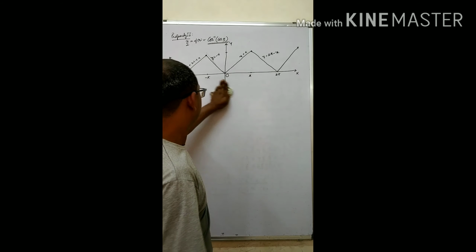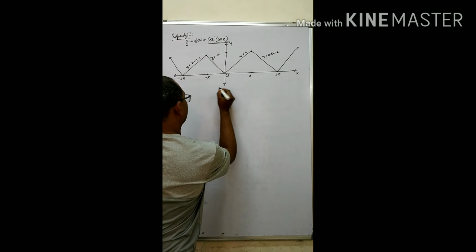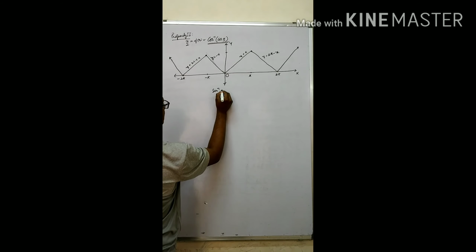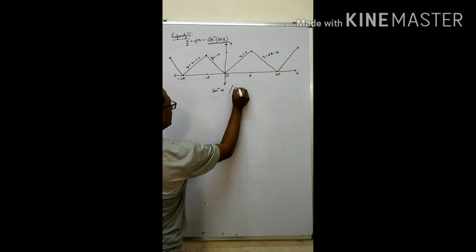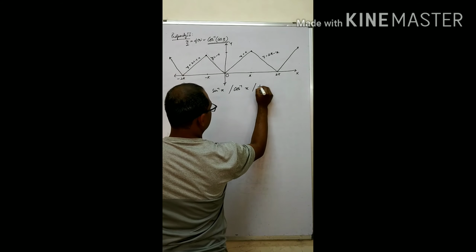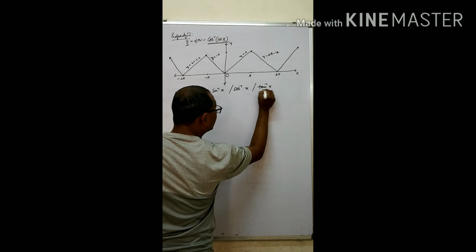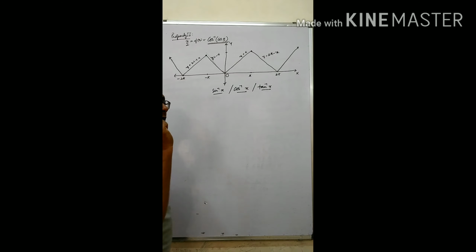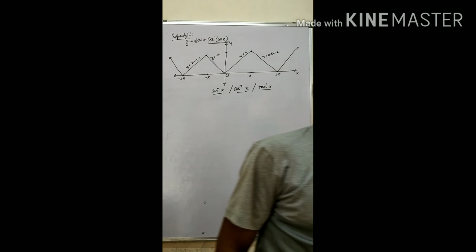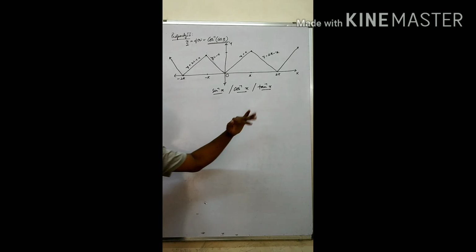In the last class I forgot to mention the graph of sine inverse of x, cos inverse of x, tan inverse of x, the graph of these basic functions. So let me discuss sine inverse, cos inverse, tan inverse at least.